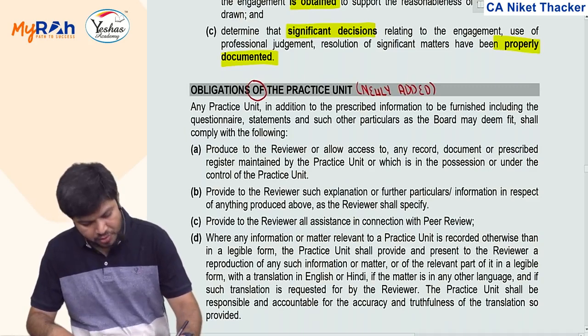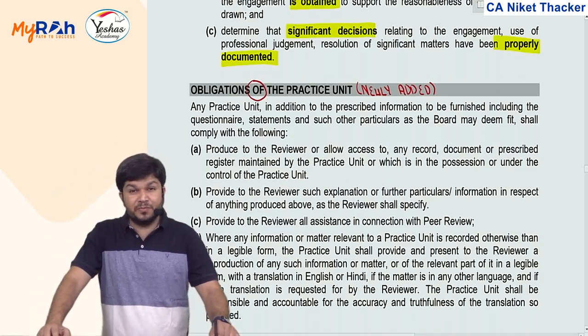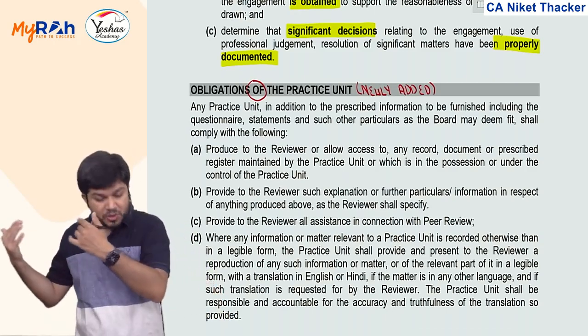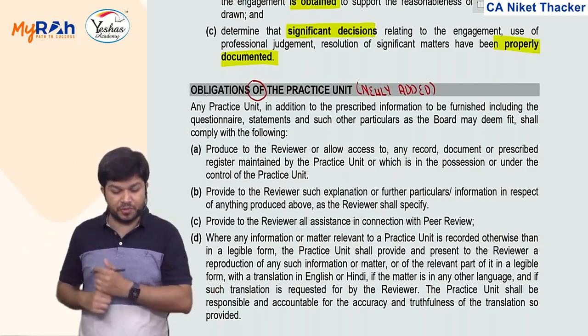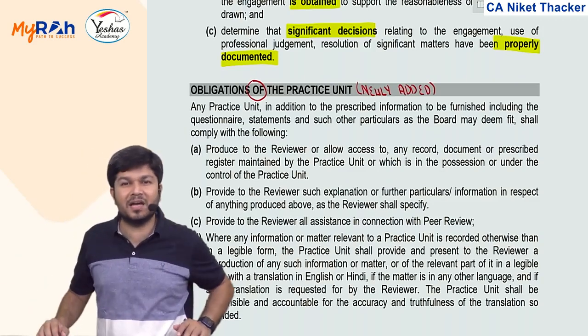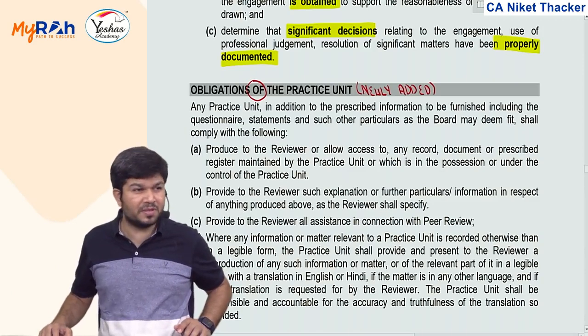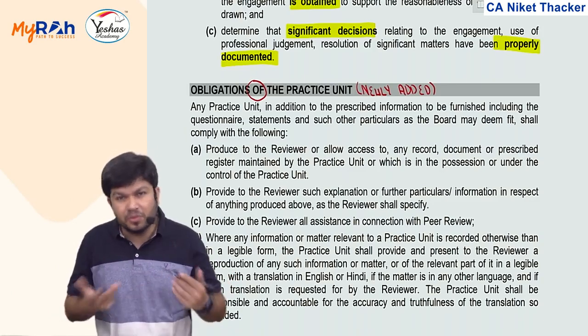It's the obligation of PU. What's the obligation of PU? Reviewer comes, you allow him access to all records and documents, you give him explanation whatever he needs, you give him all the assistance. If any documents etc. are in a language other than English, and if the reviewer wants that, sir, please translate into English or please translate into Hindi, you do that.